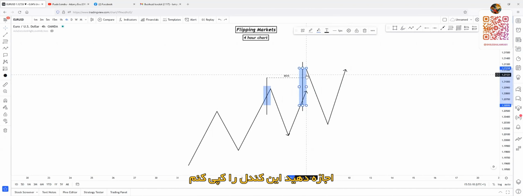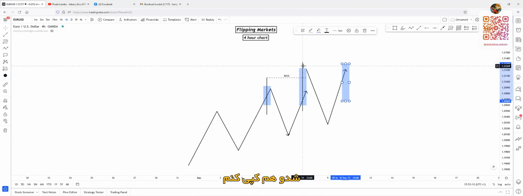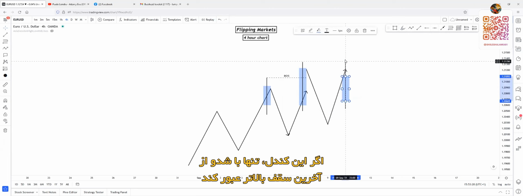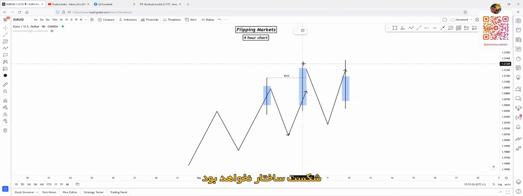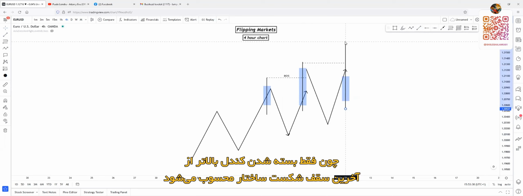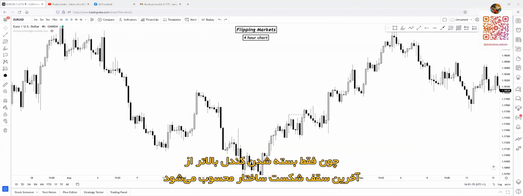Sorry, let me just duplicate this candle, duplicate the wick. So if this candle closes above this last higher high with just a wick, then it won't be a breakout structure, because if the wick closes above, that is not a breakout structure. It has to close above with the body.